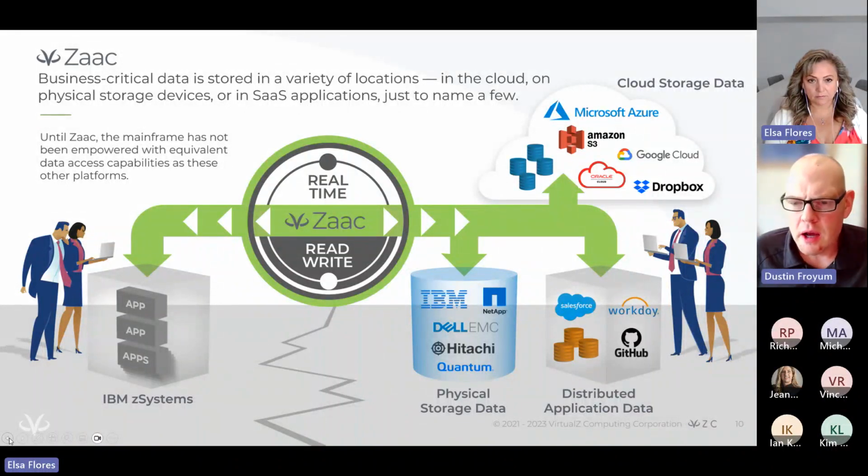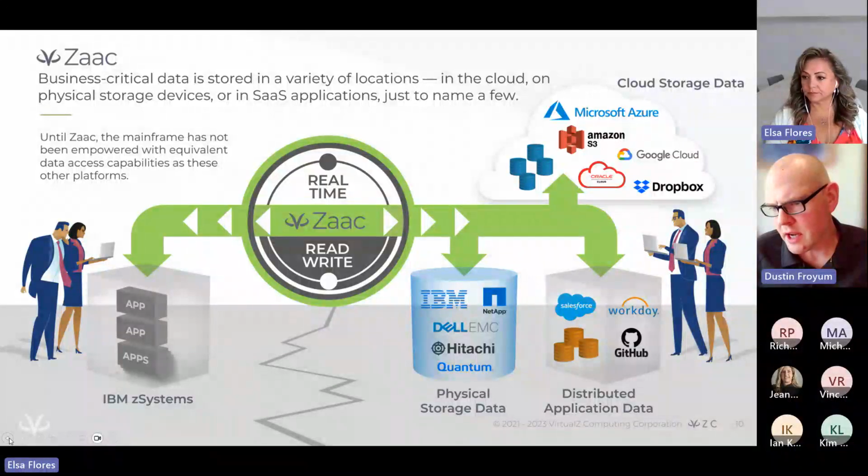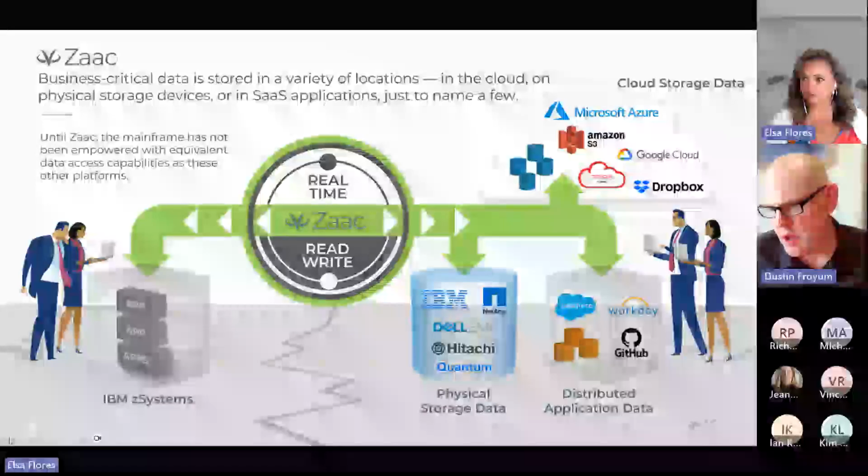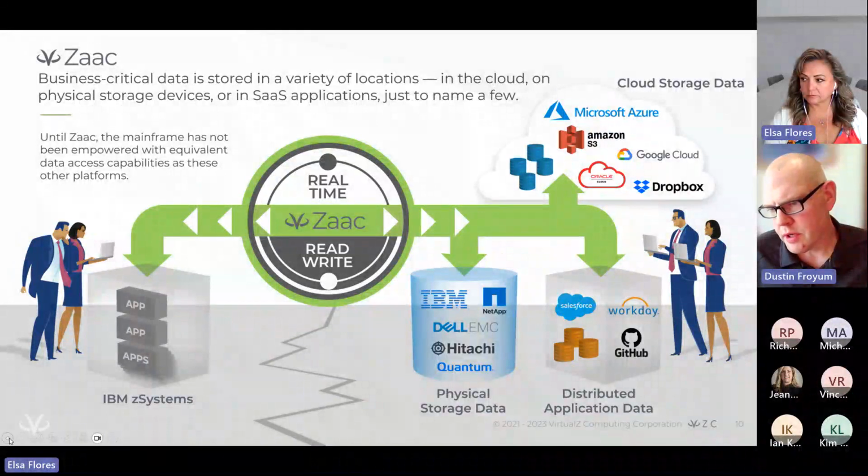Okay, great. So I just wanted to share a little bit more about our second product, which is ZAC, which is the inverse of Lozen. So in this case, the mainframe is the client and is able to access data in a real-time read-write format in cloud and distributed environments, but also cloud and distributed storage. So this is really a pretty innovative and elegant solution that we have developed here.